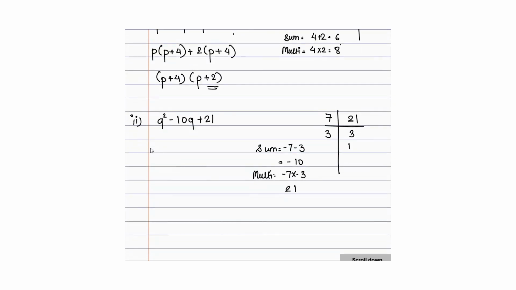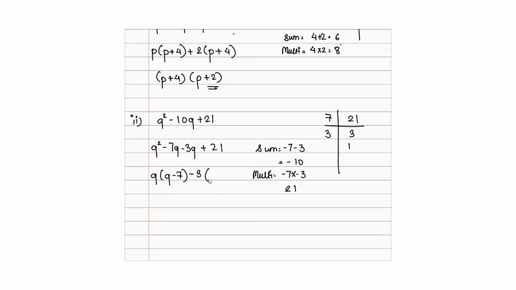So here we get q square minus 7q minus 3q plus 21, right? Now from here we can clearly take q as common, and this will be q minus 7. From here I'll take minus 3 as common.